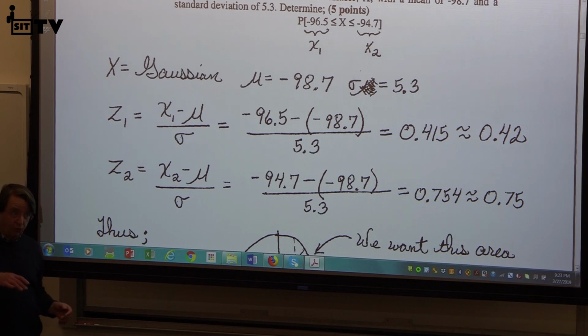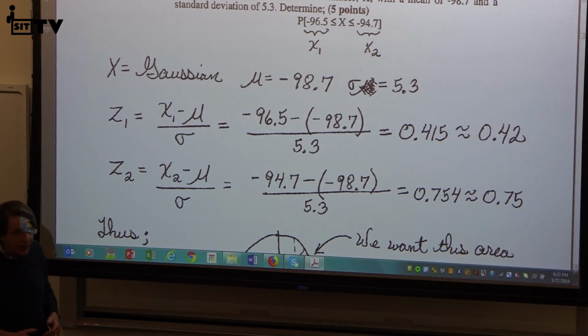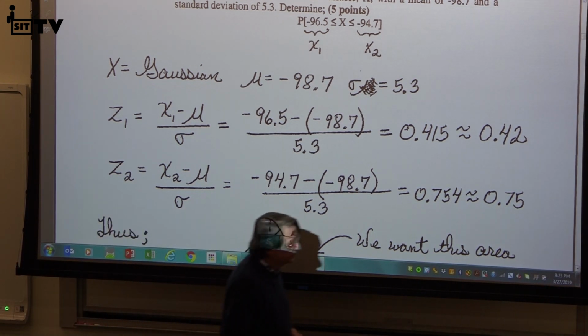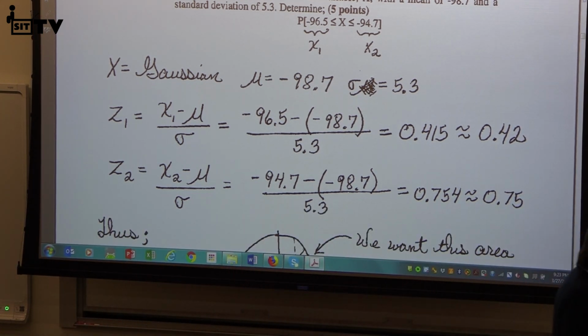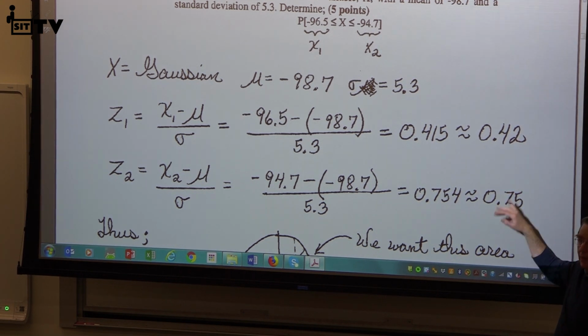Same formula, which is given on the formula sheet: X minus mu divided by sigma. So I plug in what's given. Note x1 is minus 96.5, and x2 is minus 94.7. So I get values of z1 and z2.